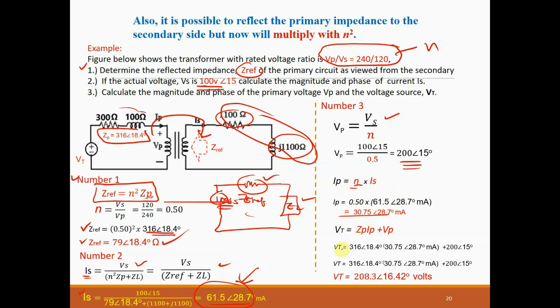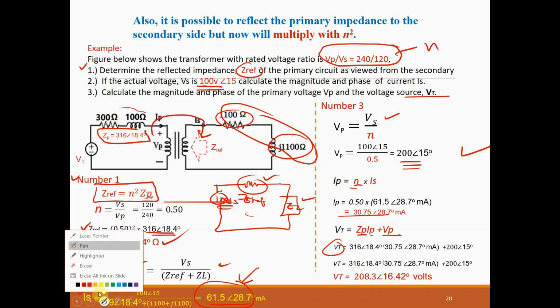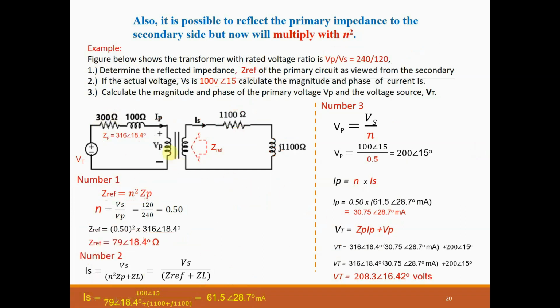If we have the IP, what is the total input voltage? Because the question here, question number 3, is to calculate the magnitude and phase of the primary voltage VP and the voltage VT. We have the primary already. And VT is what? Z P IP plus VP. So we have VP plus the voltage across this primary impedance will be equal to VT, right?